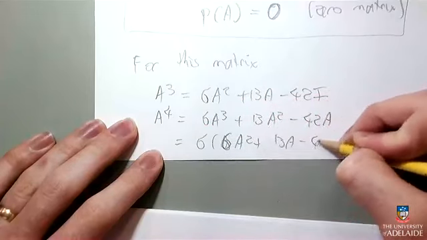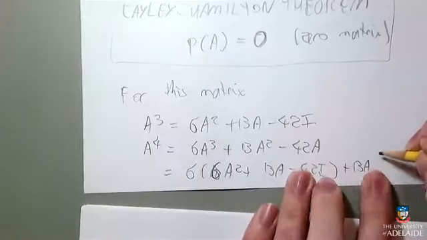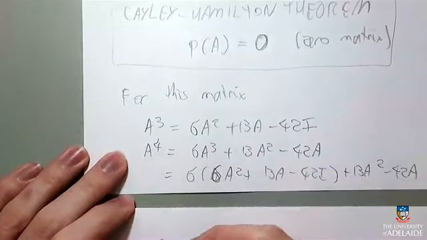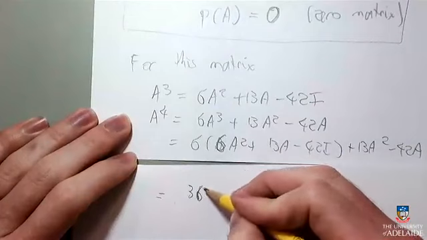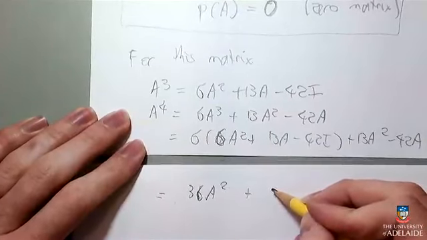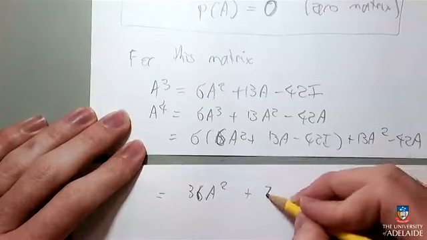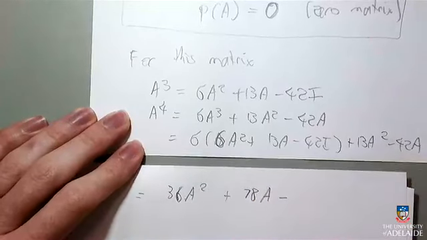6 times (6a squared plus 13a minus 42i) plus 13a squared minus 42a. And if I expand that all out, I'll get something. 36a squared, what do we got? 60 plus 18. 240, 252.